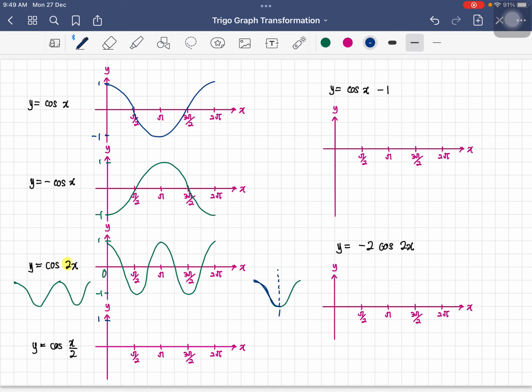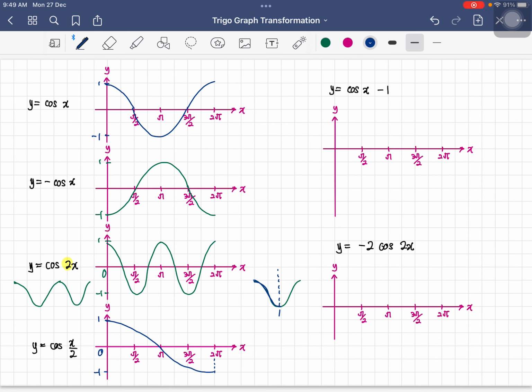Suppose this is 1 and -1. Your half cycle will be something like this. It'll go this way, and then it will go this way. A complete cycle would be something like this, but you sketch only half from 0 until 2 pi. So that is your graph for cos of x over 2.